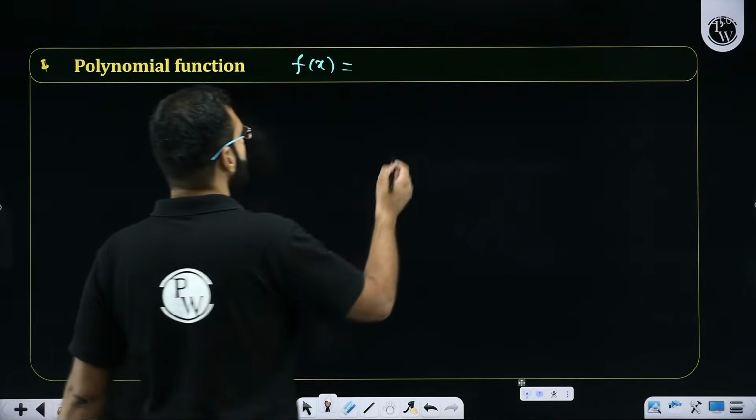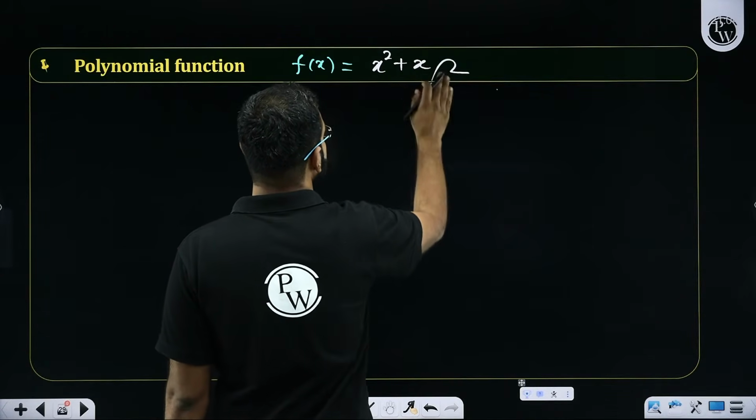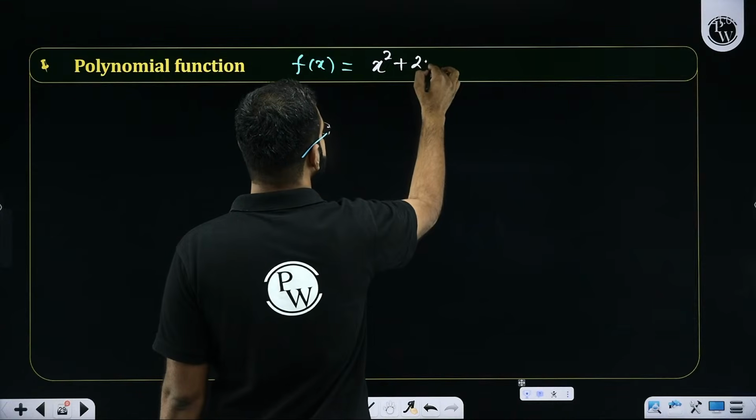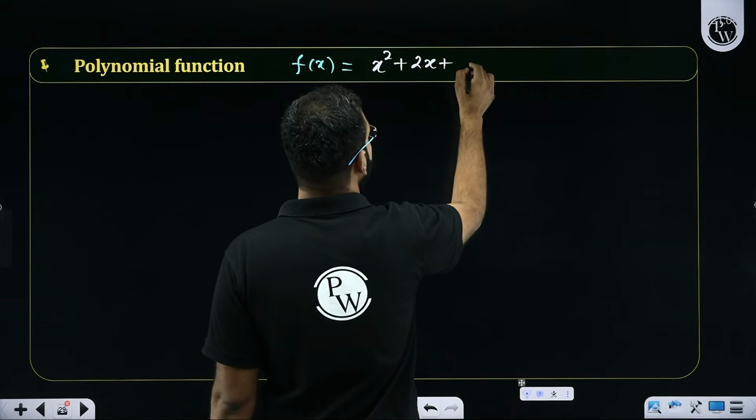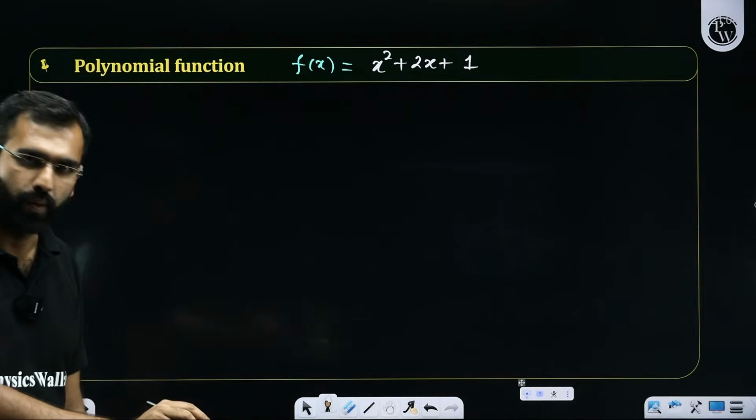Let's say there is a polynomial given as x squared plus 2x plus 1. That's a polynomial given to you, right?